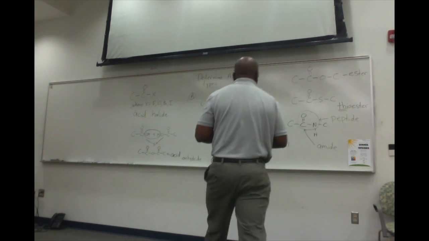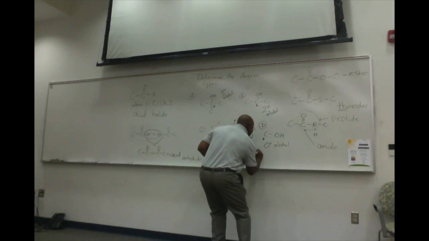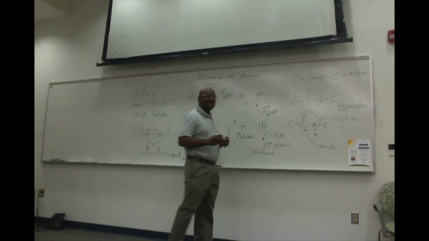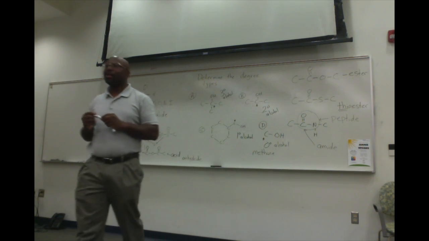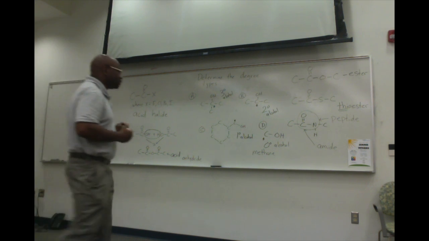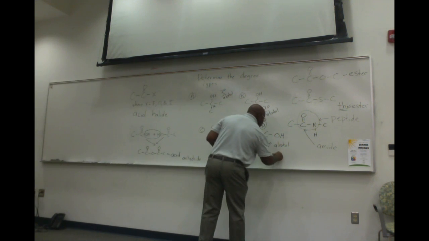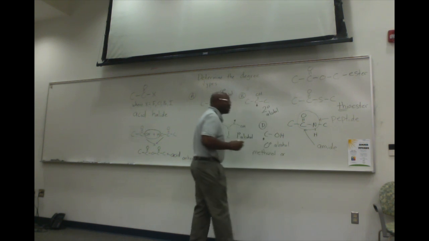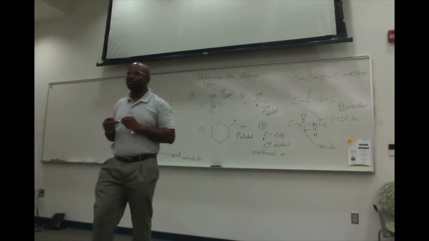You can do it 2 ways. You call this methane. Since it is an alcohol, you drop the E and add OL. Or you can name it by calling the parent name alcohol.